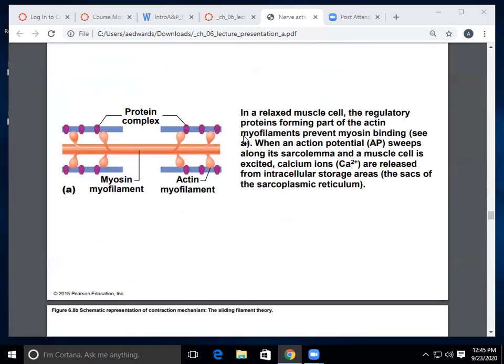All right, so what does that look like in a little bit higher magnification? So in a relaxed muscle cell, the regulatory proteins will form part of your actin myofilament, and that prevents the myosin from binding.